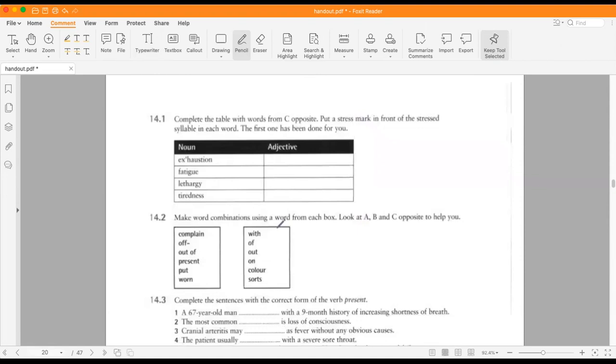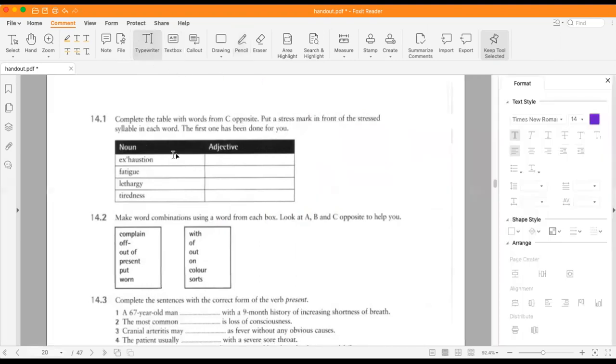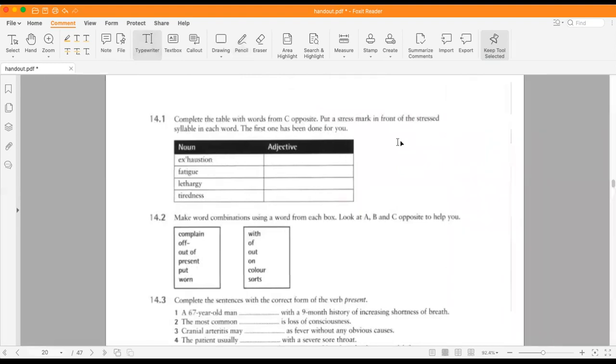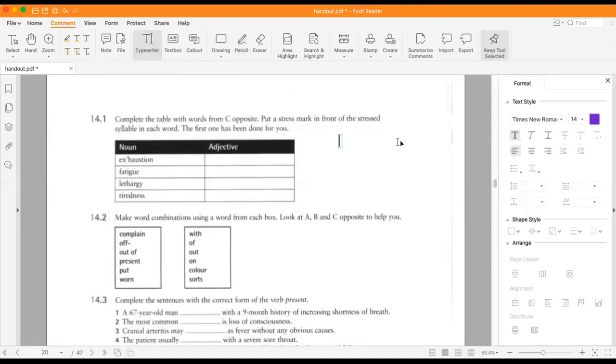Here, complete the table with the words from C opposite. Put a stress mark in front of the stressed syllable in each word. The first one has been done for you, like here, exhaustion. All right. So the first thing that we will take, what is the meaning of stress?